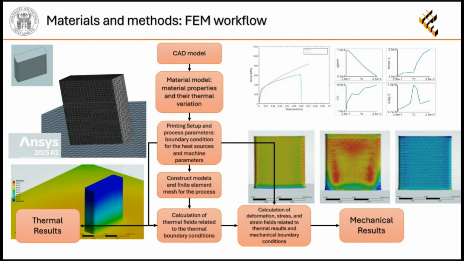So for the numerical simulation part, we use a workflow that follows the realization of a CAD model, and after the realization of the material model based on experimental results and literature for similar alloys, we use the ANSYS modules for additive manufacturing that allow setting the process parameters for the simulation.